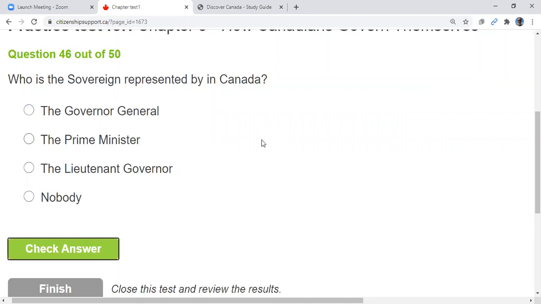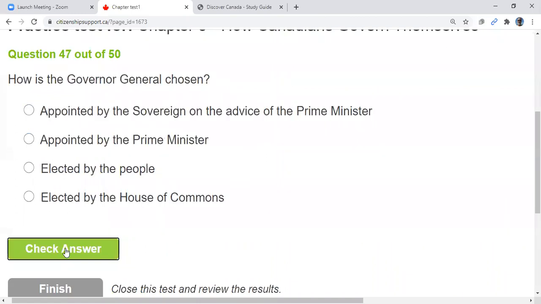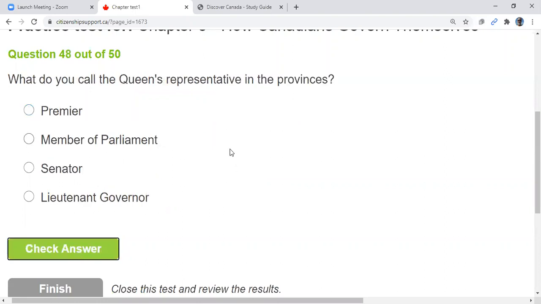Okay, and then Diallo? Who is the sovereign represented by in Canada? Number 1, the Governor General. Very good. Who is the Governor General appointed by? Number 1. Very good. What do you call the Queen's representative in the provinces?